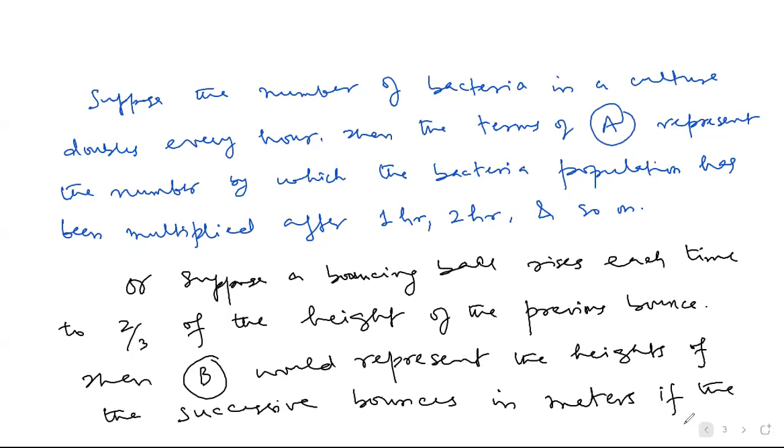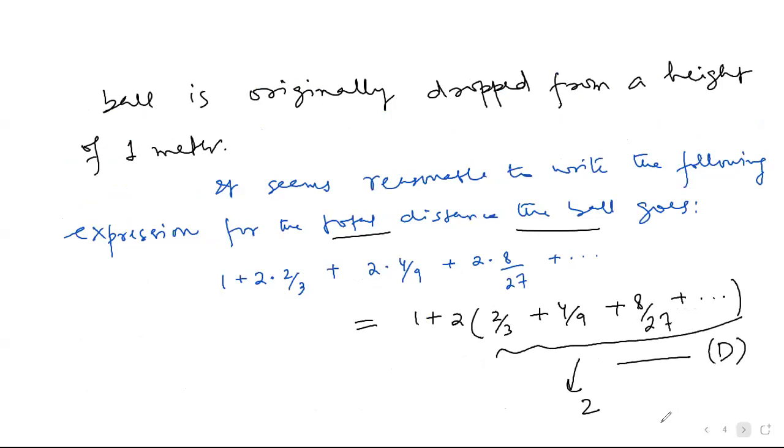If it doubles every hour, then the terms of A would represent the number by which bacteria population has been multiplied after 1 hour, 2 hours, and so on. Then we talked of a bouncing ball which rises two-thirds of the height of the previous bounce, then B would represent the heights of the successive bounces in meters if the ball is originally dropped from a height of 1 meter, right?